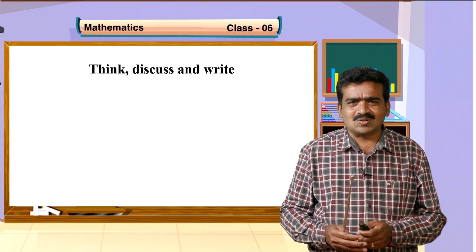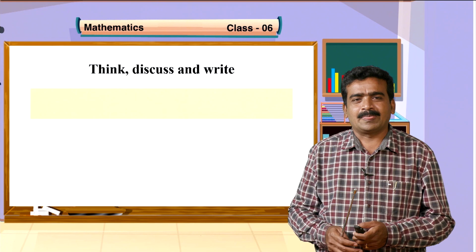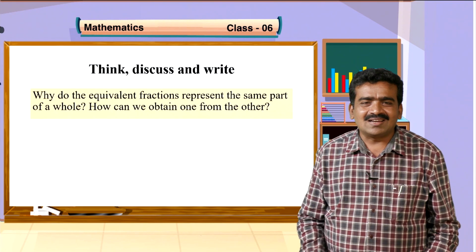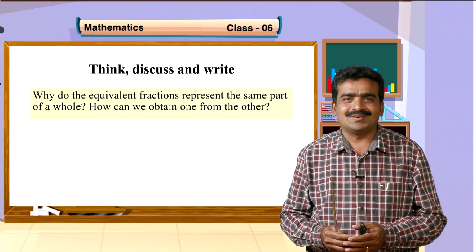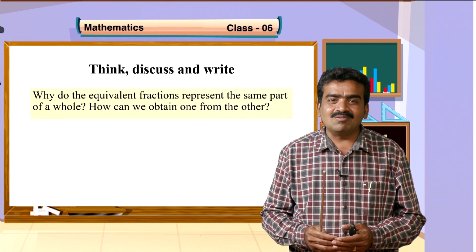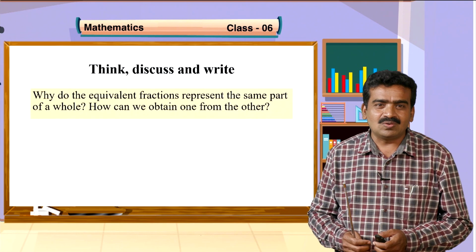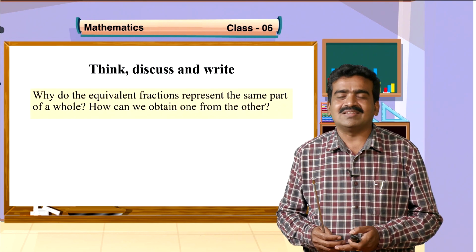Now, there is a question for you. You have to think, discuss and write. The question is: why do equivalent fractions represent the same part of a whole? How can we obtain one from the other?